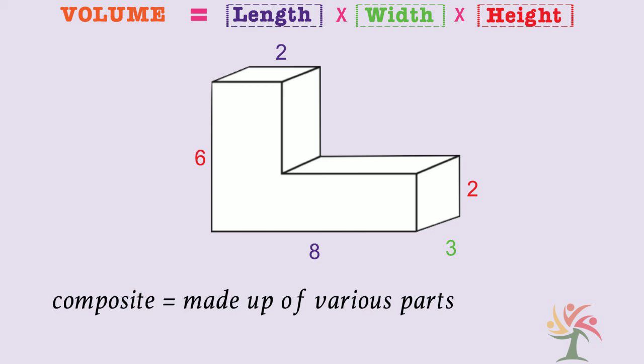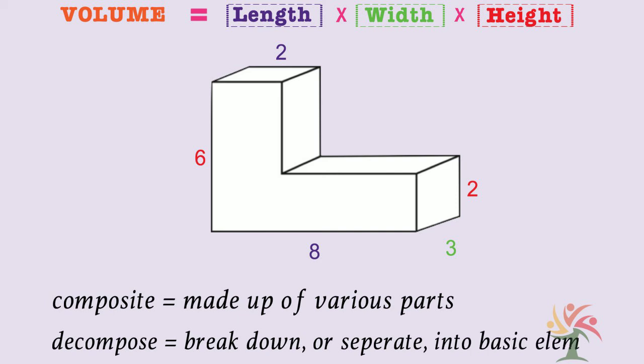So what we have to do with a shape like this is decompose it into rectangular prisms. A definition of decompose is to break down or separate into basic elements, and that is exactly what we are going to do. As you can see, we have broken apart the L-shaped prism into 2 separate rectangular prisms.